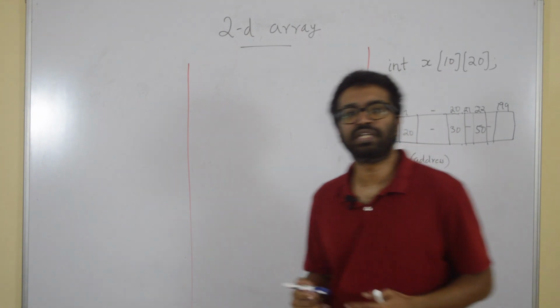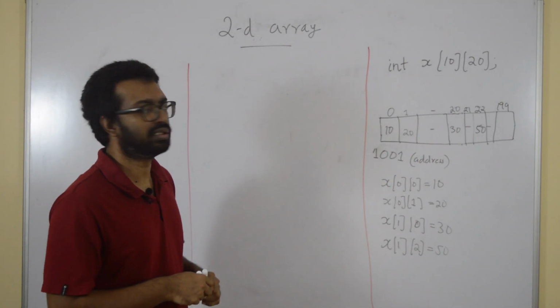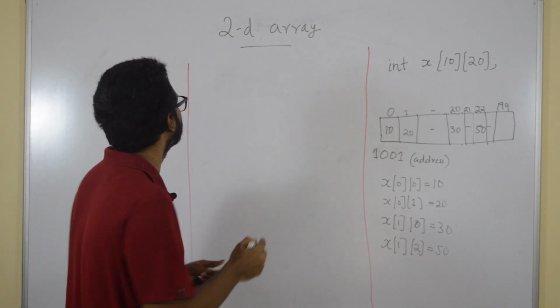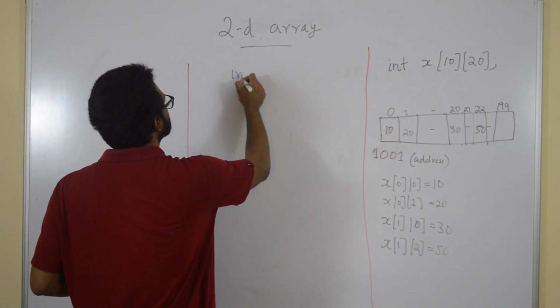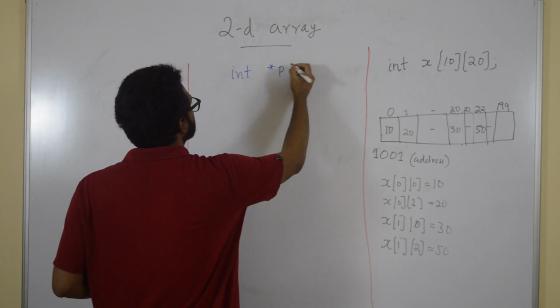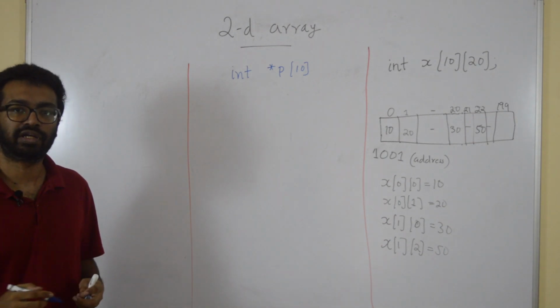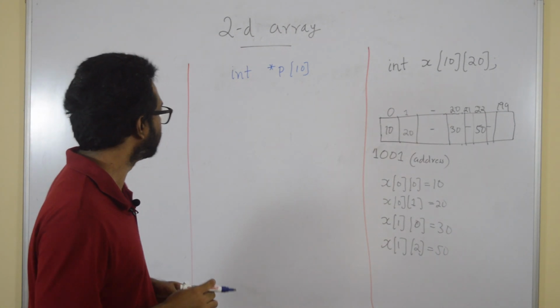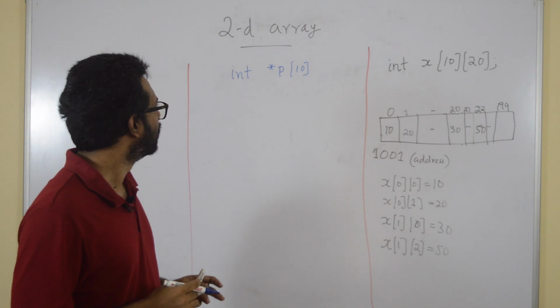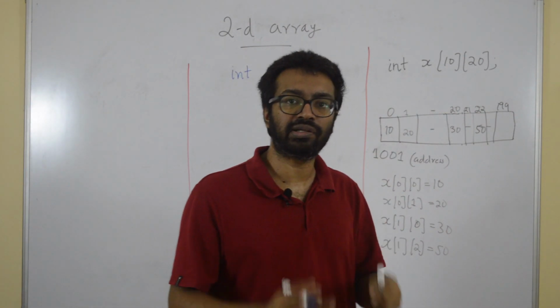Next, we are going to see an array of pointers. Let me define that first. We have now declared an array of pointers. When I do this, what is statically allocated right now?